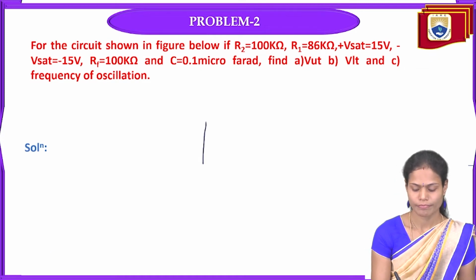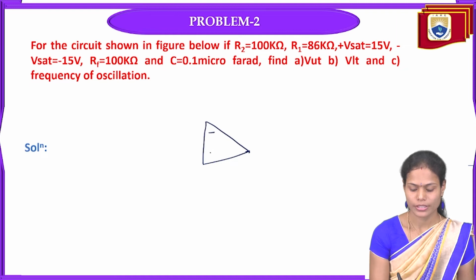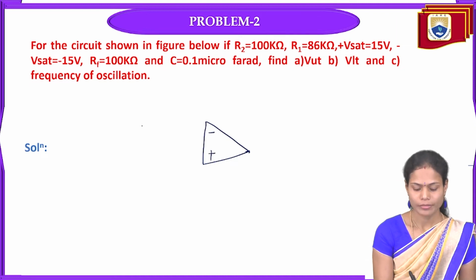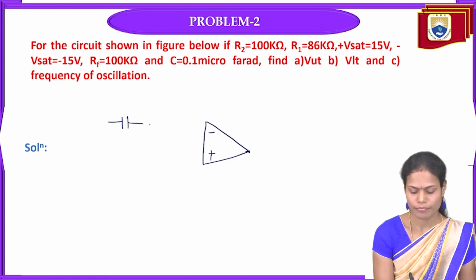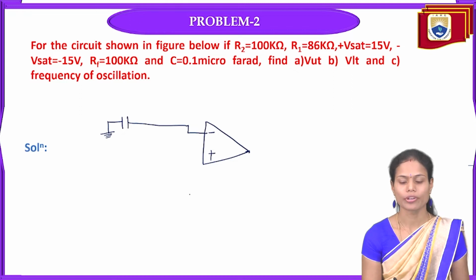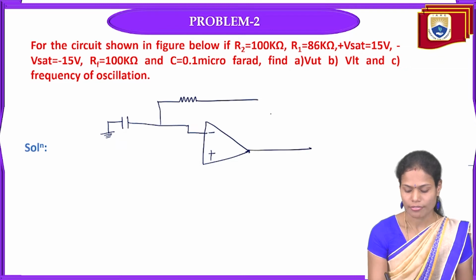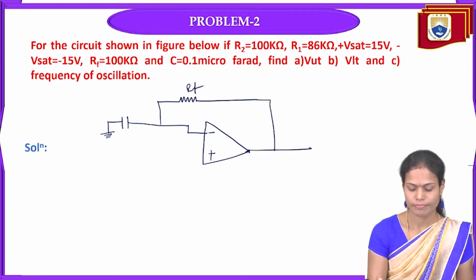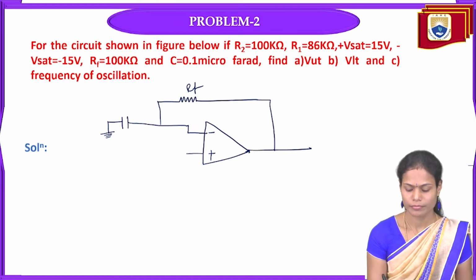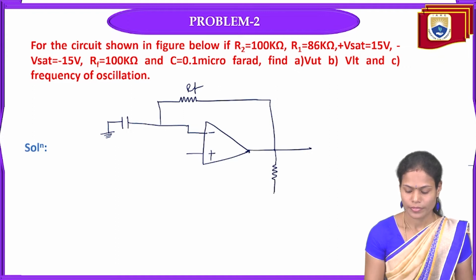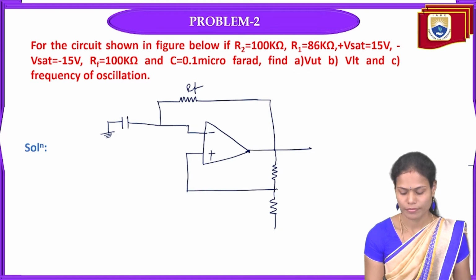So here is an op amp with inverting and non-inverting terminals, and the capacitor is connected to the inverting terminal, and the other end of the capacitor is grounded, and in the feedback RF resistance is connected, and for the non-inverting terminal, two resistances are connected here. This is V0 and here it is grounded.